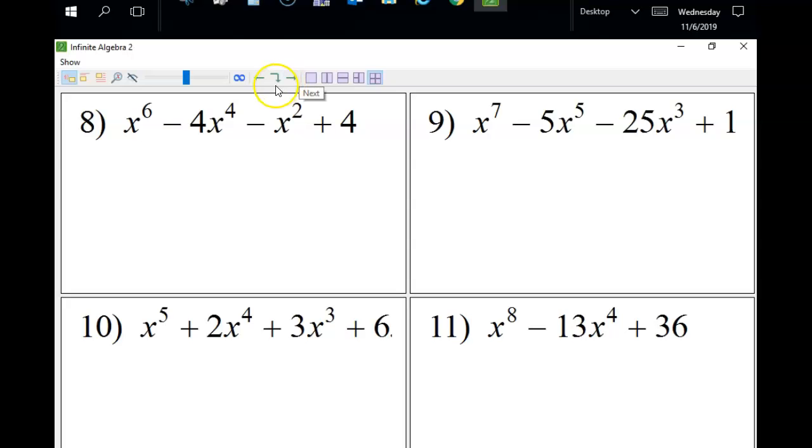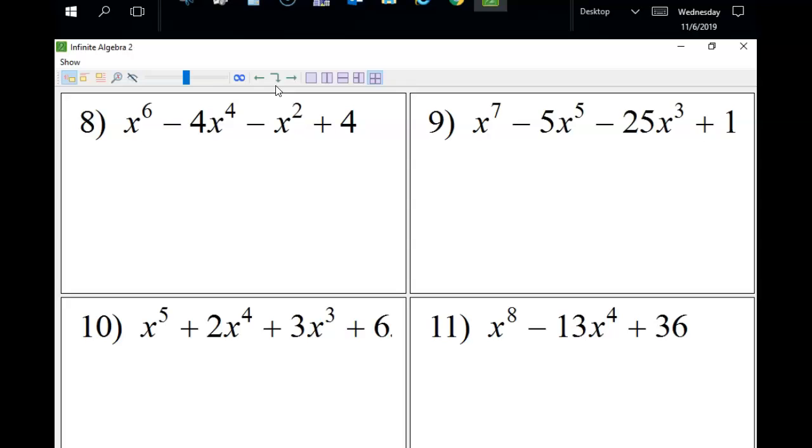All right, let's go ahead and just write them down. It's kind of hard for me to display them all at once. So go ahead and write down number 11 there, please. Write down number 11.